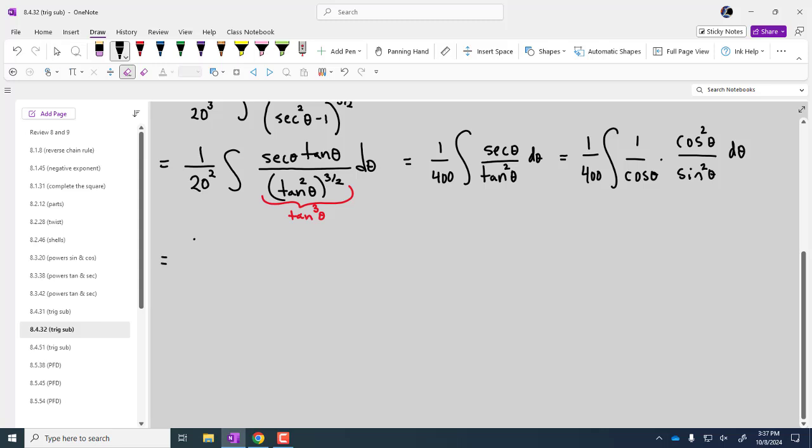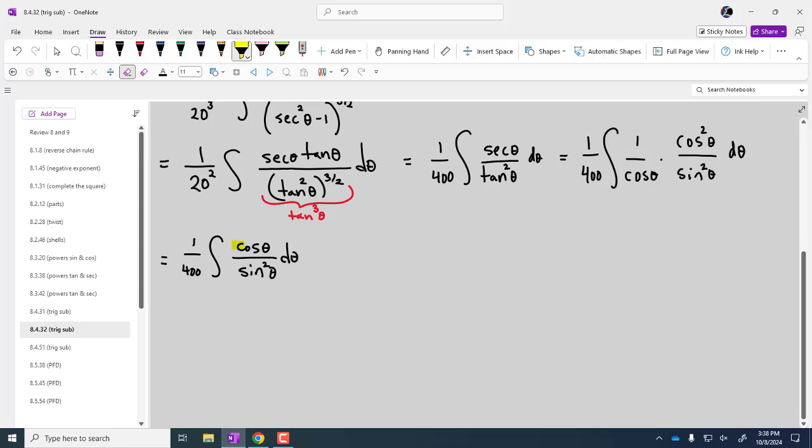So we'll end up with 1 over 400 integral of cosine over sine squared. And now what? Substitution. With u equal? Sine. Perfect. Because the derivative of sine is cosine, and that's what's in the numerator.